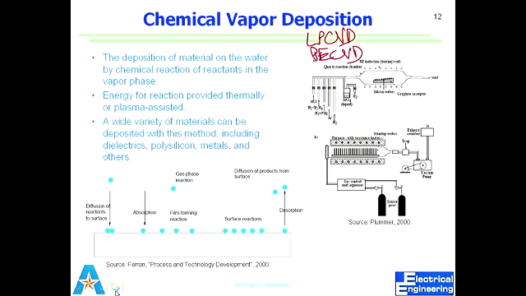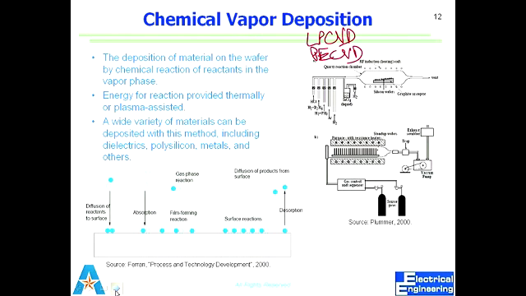For that reaction, we have to supply energy, which is either coming from plasma or from heat. So PECVD is very similar to RIE. LPCVD is very similar to oxidation, right?